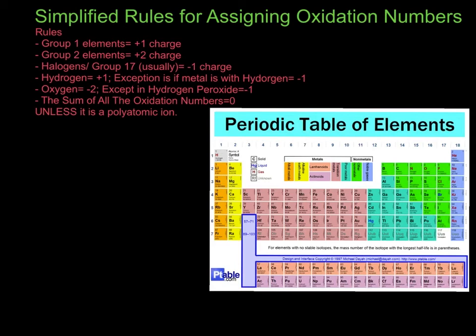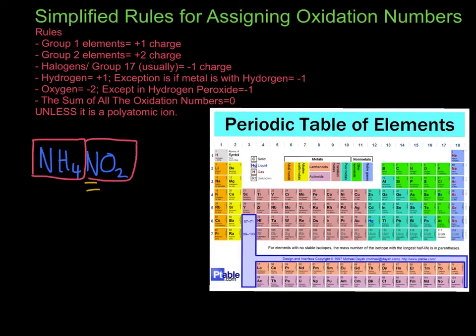There's kind of a different procedure. You kind of have to start it out slightly differently. So here's the problem. Find the oxidation number of the nitrogen in ammonium nitrite. So the first thing that you want to do when you notice that there are 2 different polyatomic ions here, and they're asking you to find the oxidation number, is to notice that you're presented with 2 nitrogens, or 2 different ions.